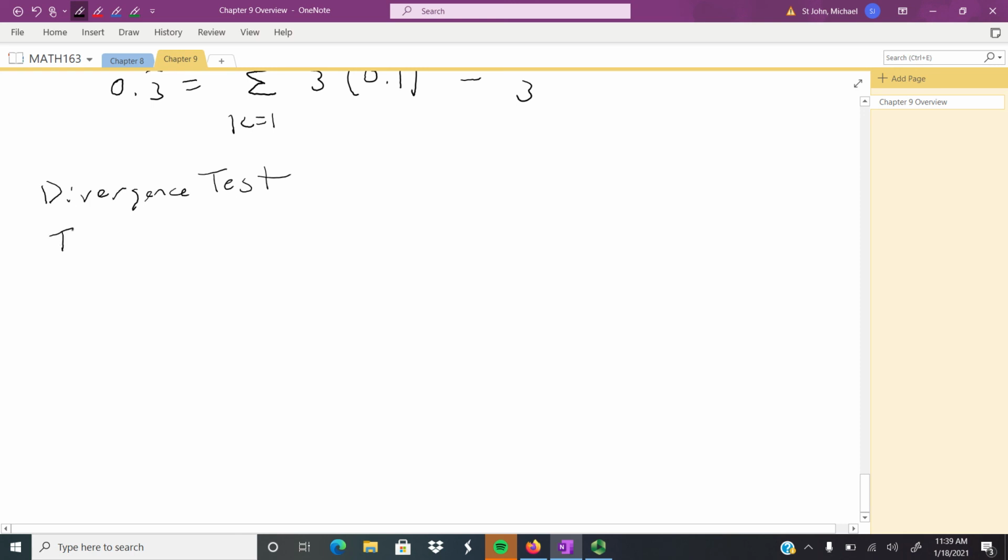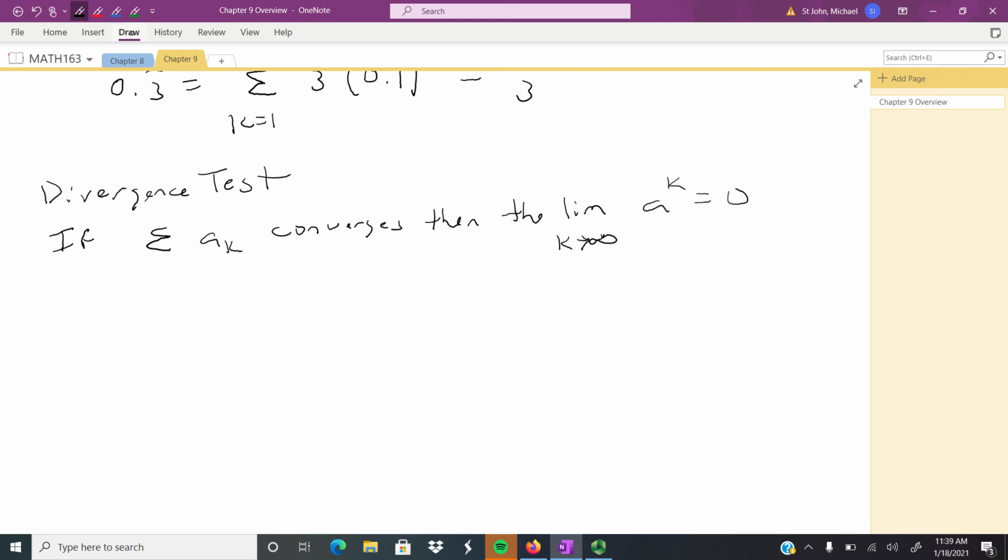If the sum of a sub k converges, then the limit as k goes to infinity of a sub k is going to equal 0.